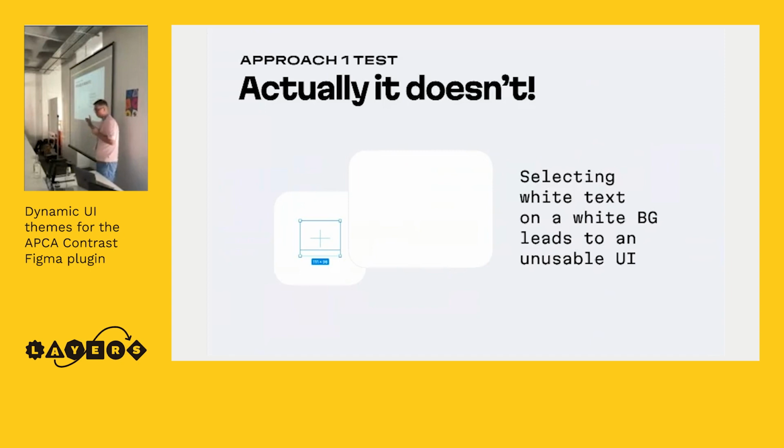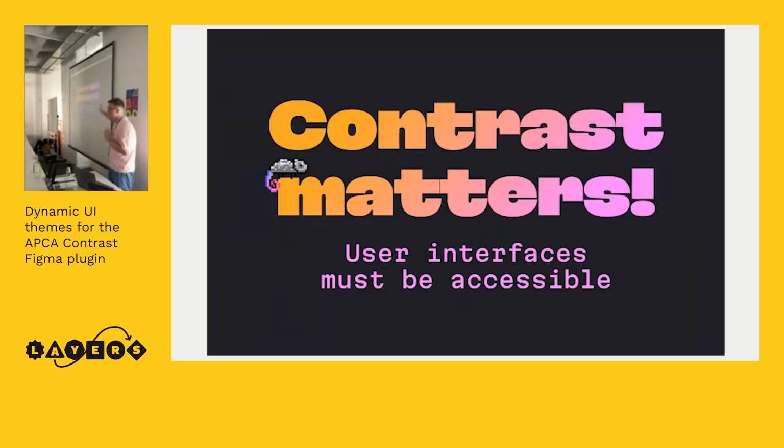Before we start, let's learn something from our failure. What have we learned? Right? Contrast matters. The user can select whatever colors they want. Our user interface must be accessible. Let's make this our guiding principle.